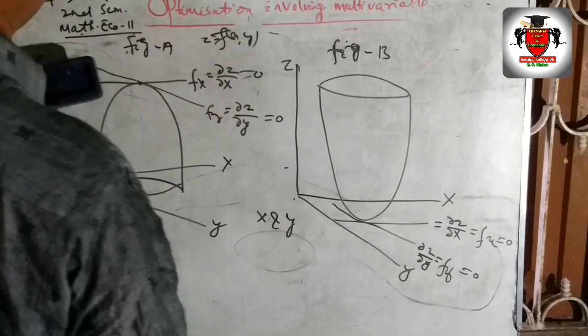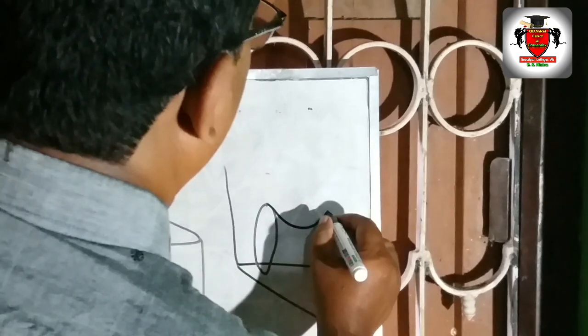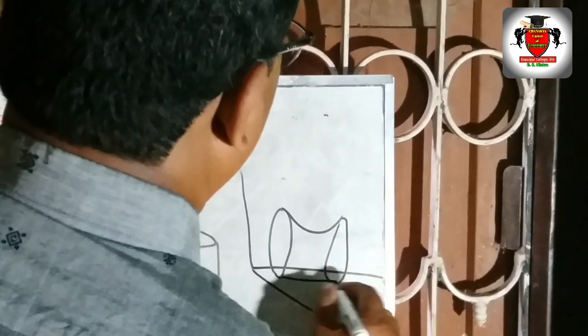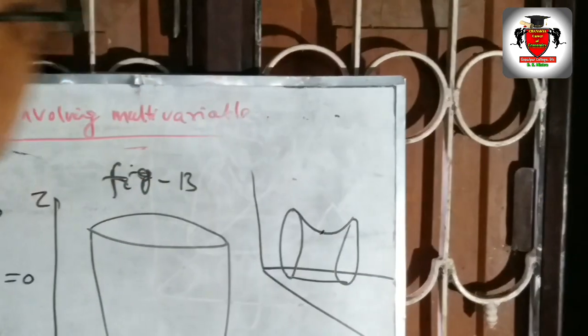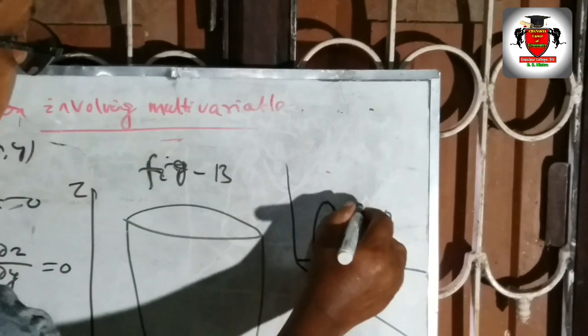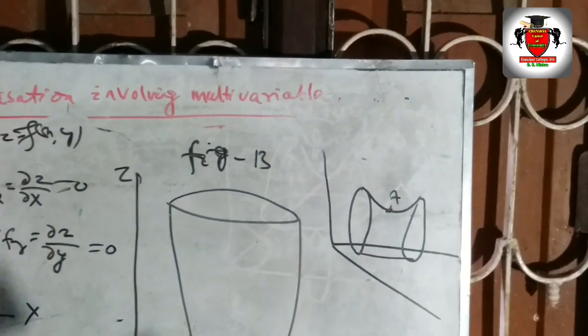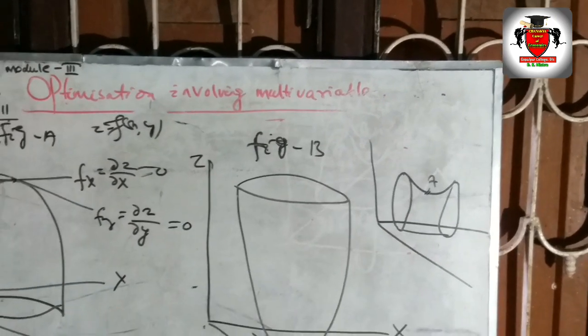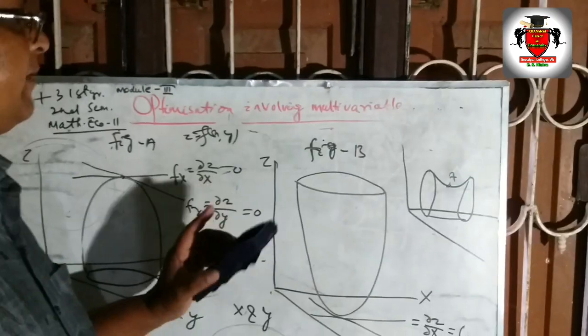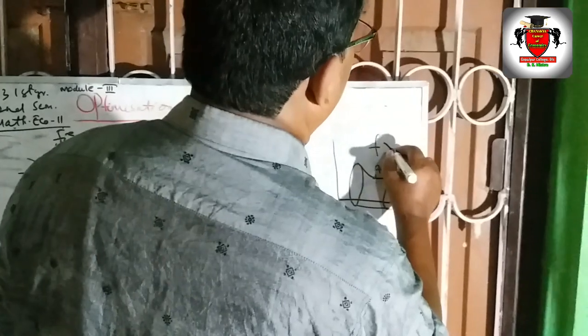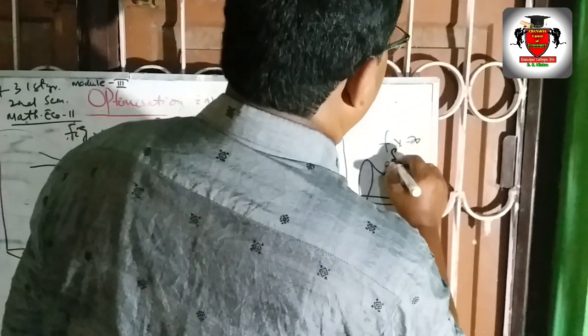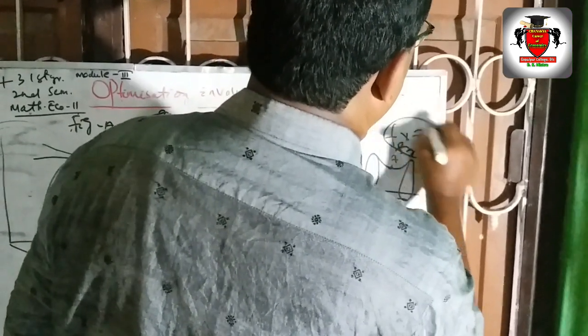We will draw that. This is the saddle point. This point A is the saddle point. It is neither maximum nor minimum. And the first order conditions fx equal to 0, fy equal to 0 hold good.